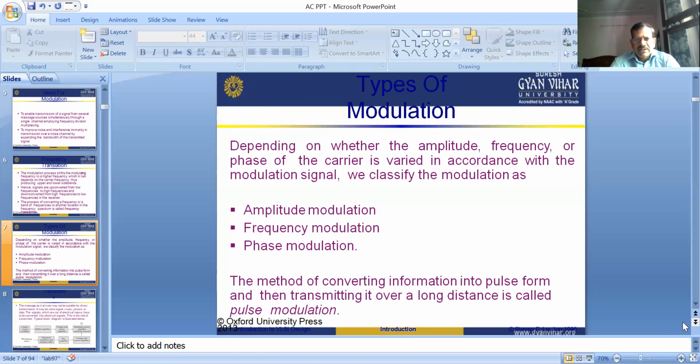In the pulse modulation system, the method of converting information into pulse form means a continuous wave is converted into pulse form, and then after converting into pulse form, these pulses are transmitted over a long distance. So this process is called pulse modulation. That is the digital modulation system.